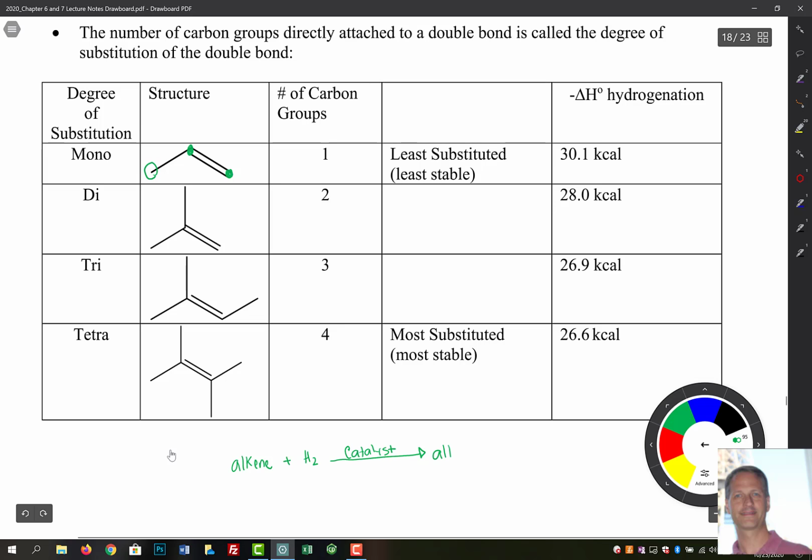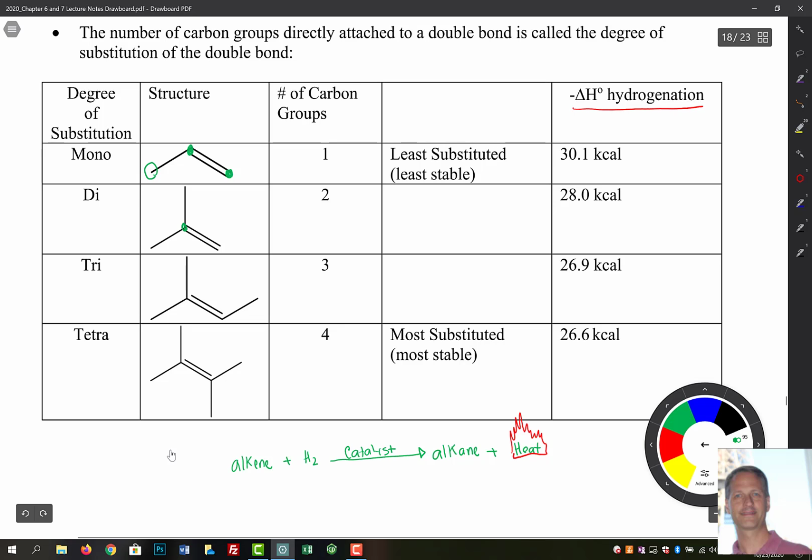What you end up forming, though, is an alkane plus energy plus heat. So here we have something that's hot, right? We can measure this. And that's what we're measuring right here. The higher this number, right, or the more negative this number is, it means that the double bond is less stable. So monosubstituted, 30.1 kcals.